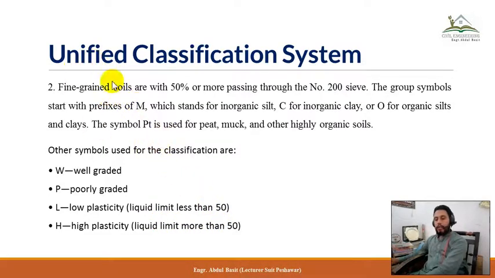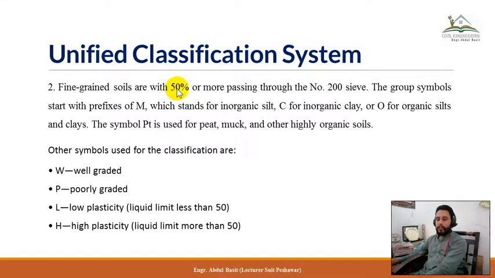Okay, fine soil again will be divided into different groups. The group symbols for fine soil will be M, which is for inorganic silt, C for inorganic clay, O for organic clay, and PT is the symbol used for peat, muck and highly organic soil.